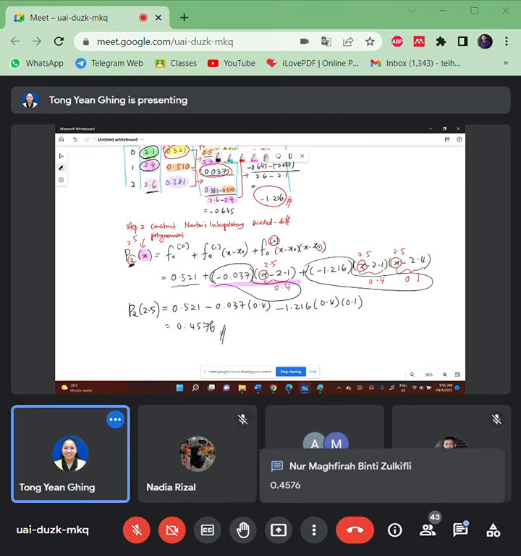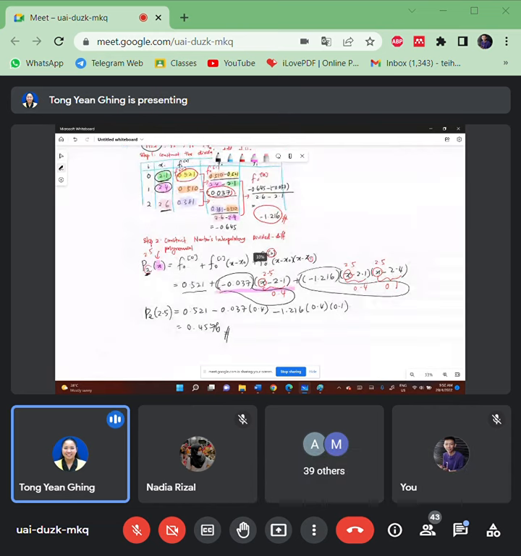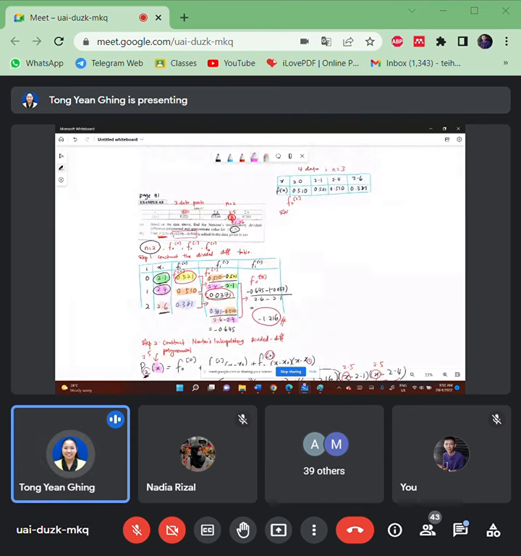So I use 4 decimal places. Okay, sekarang baru betul. So now this is the value of y. This one not negative. Yang ini sepatutnya bukan. Yang ini adalah 0.4576.